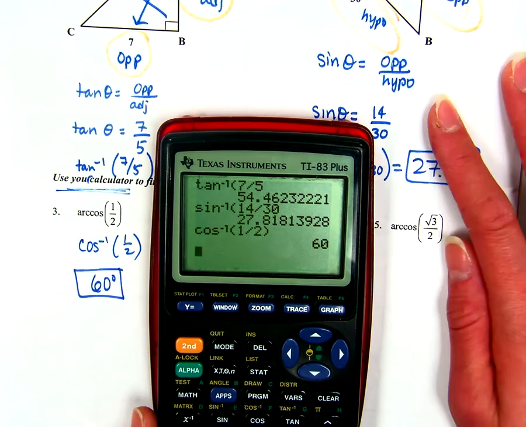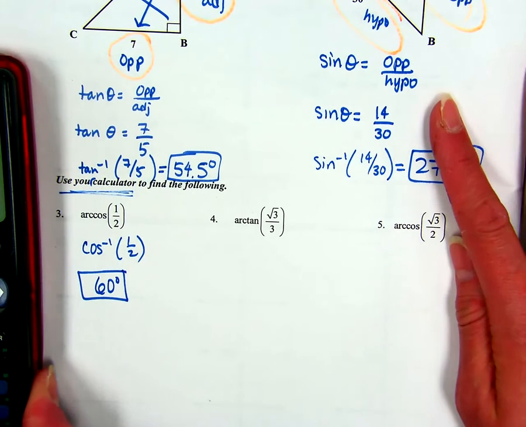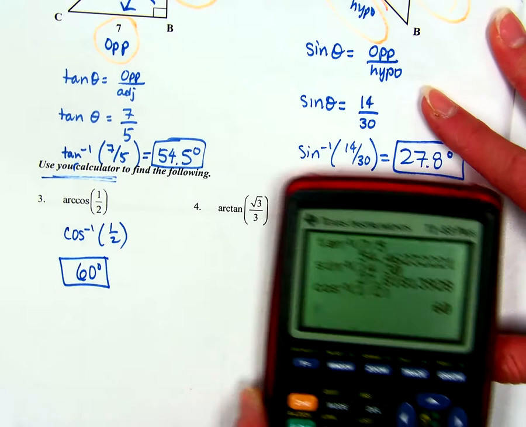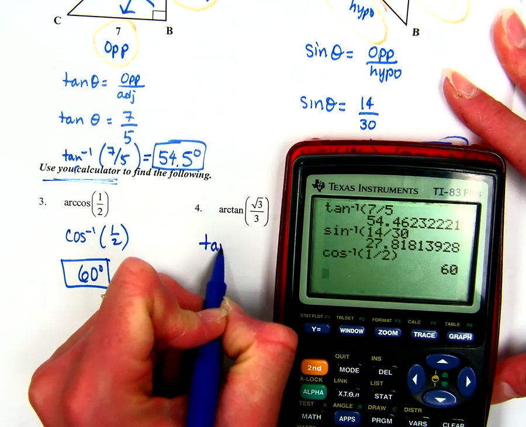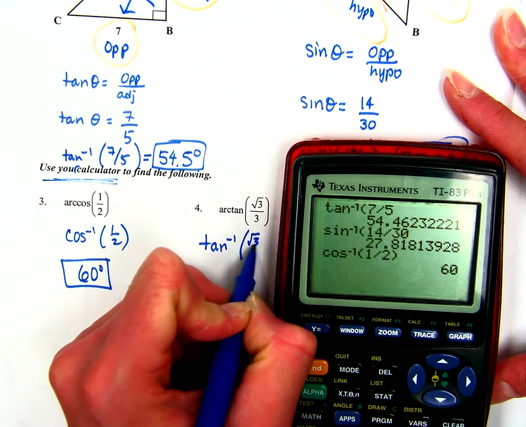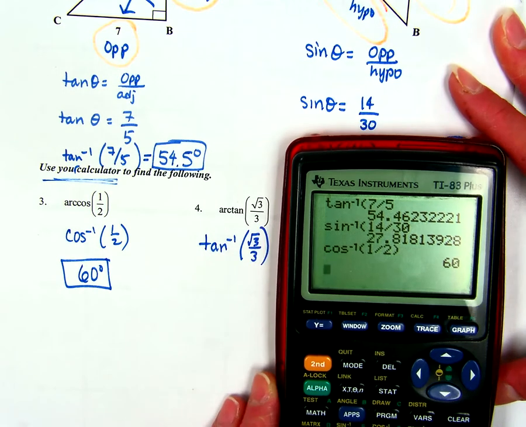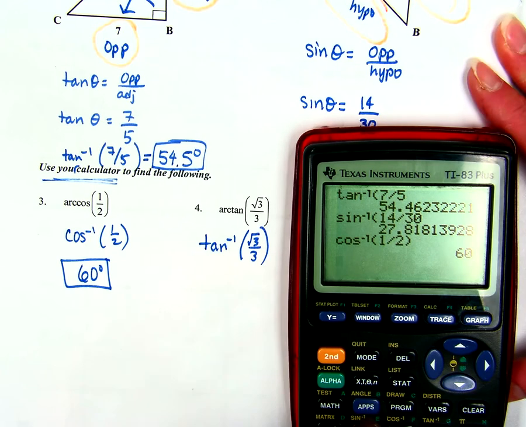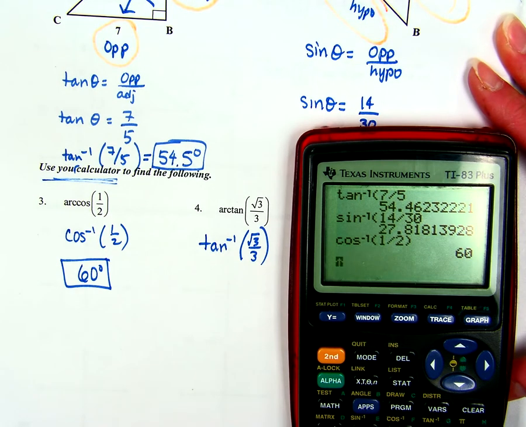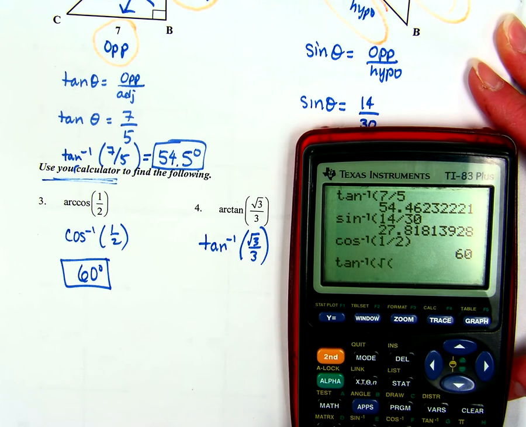The only tricky part of these problems is making sure that you type the equations in correctly. This expression is inverse tangent of √3 over 3. If you have the new calculator, you can get your fractions to actually look like a fraction. Here on the older calculator, if you do second tangent, I have to hit square root, so it's second x squared.